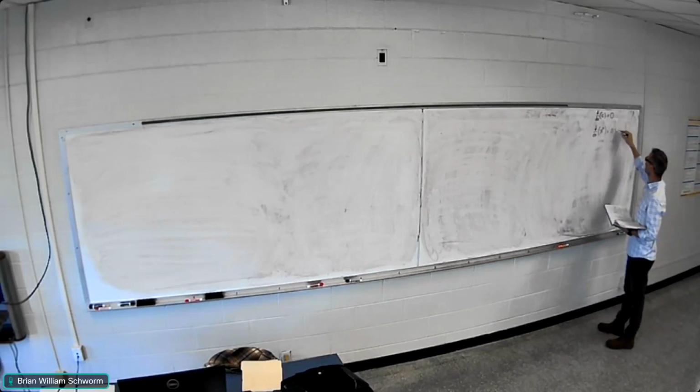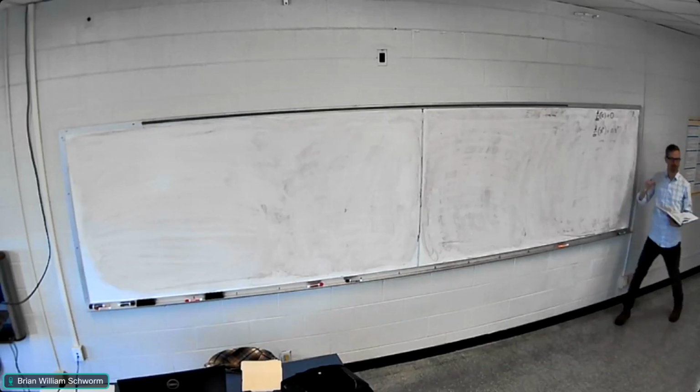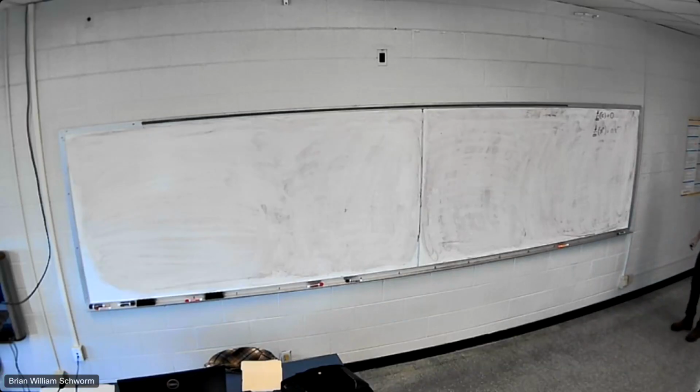Power drops down, you subtract one from the power. And that works no matter what n is. It can be positive, it can be negative, it can be a fraction. It works no matter what. That's kind of a powerful one.